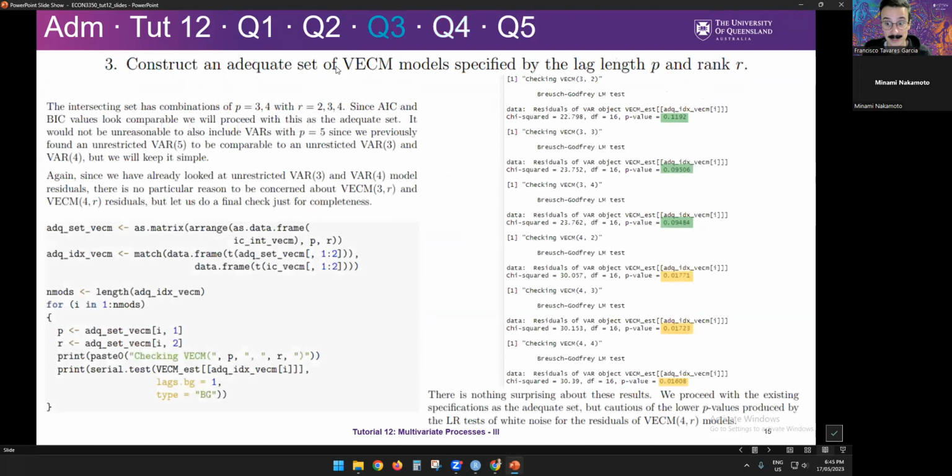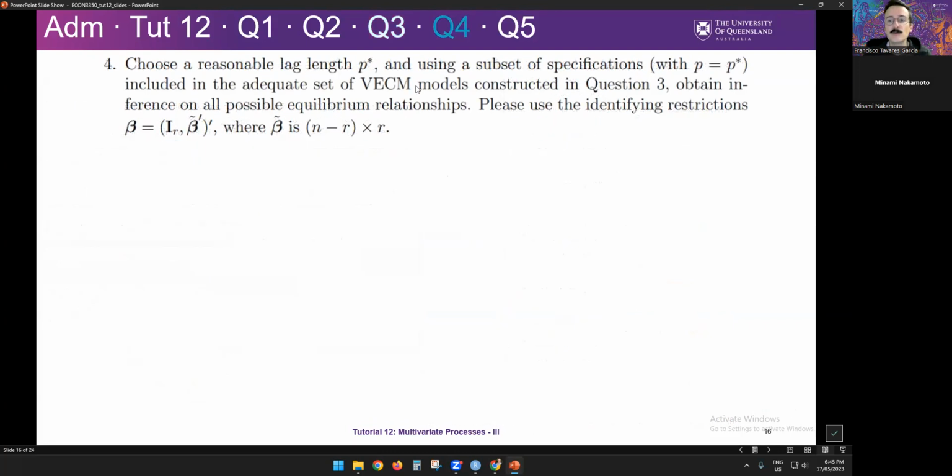That looks much better in here. And using a subset of specifications with P equal to P star included in the adequate set of VECM models, constructing question 3, I'll obtain inference on all possible equilibrium relationships.